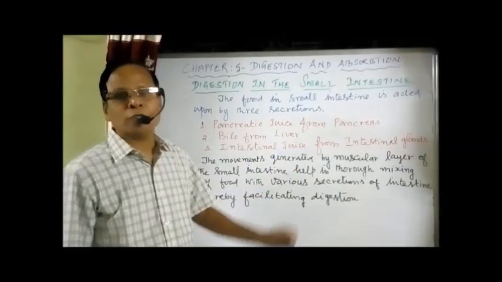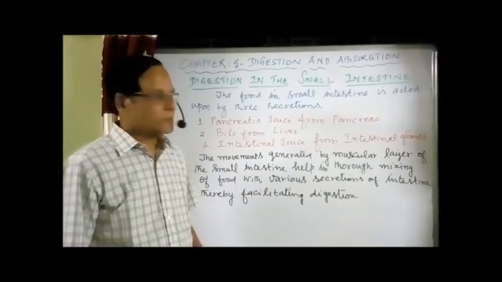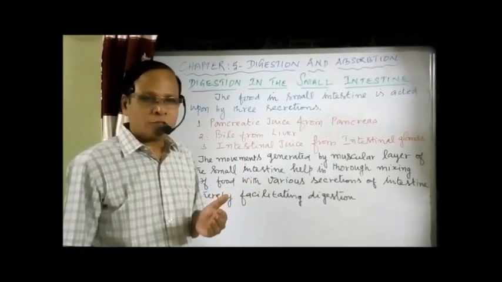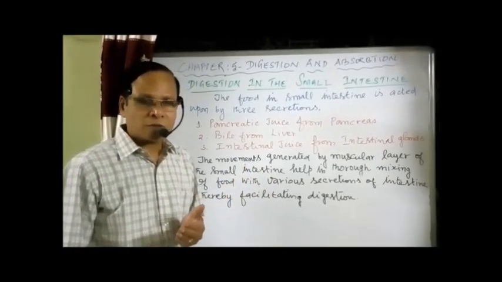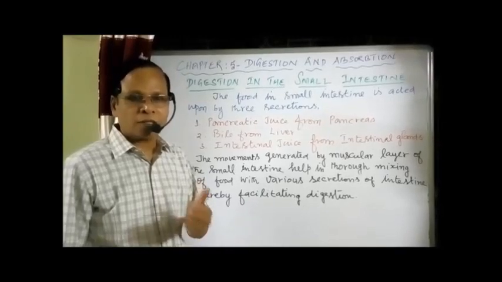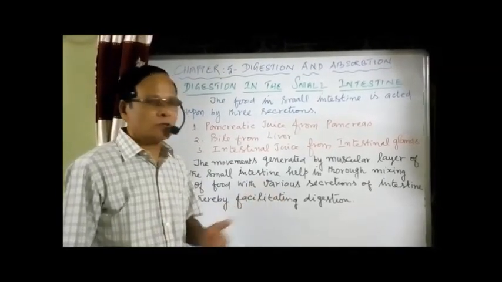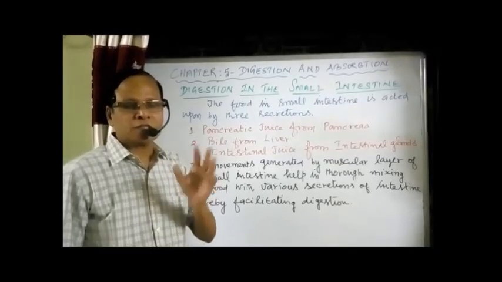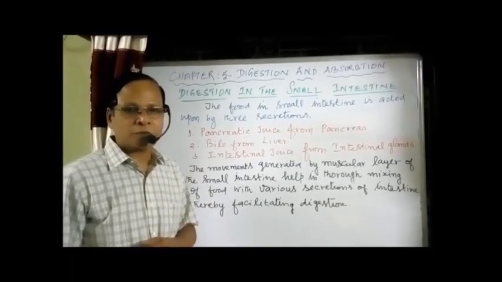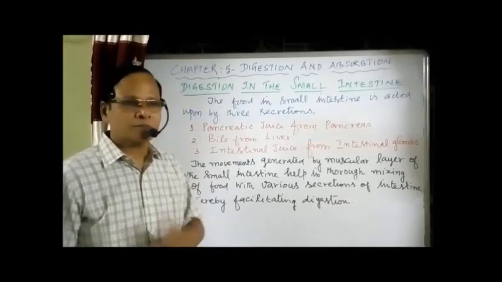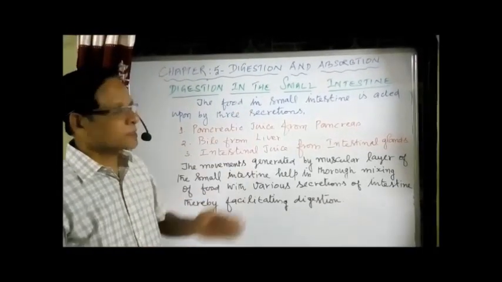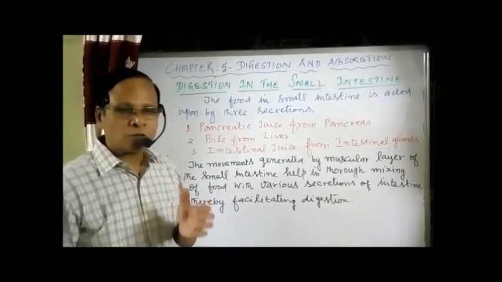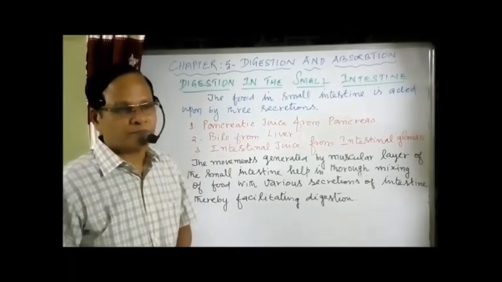The food partially digested in the stomach, called chyme, the creamy liquid, enters into the duodenum. The duodenum is the major part of digestion. It's not the place of absorption, it's concerned with digestion.